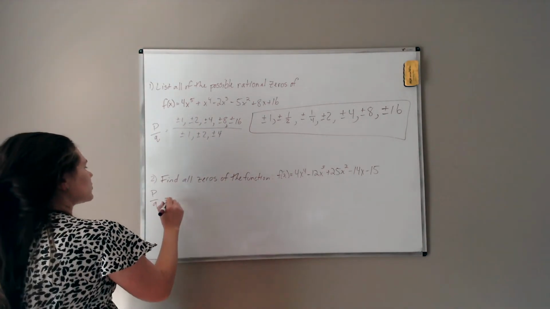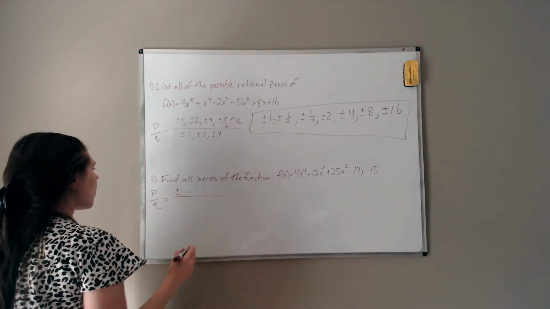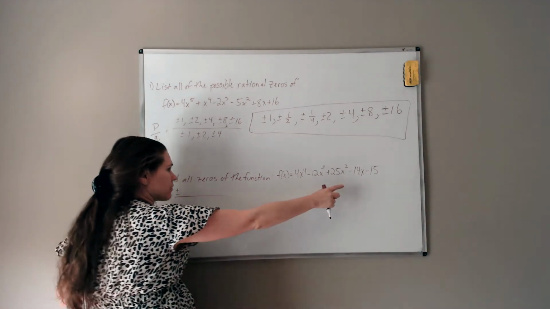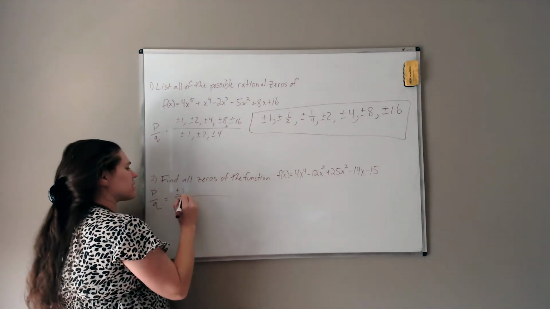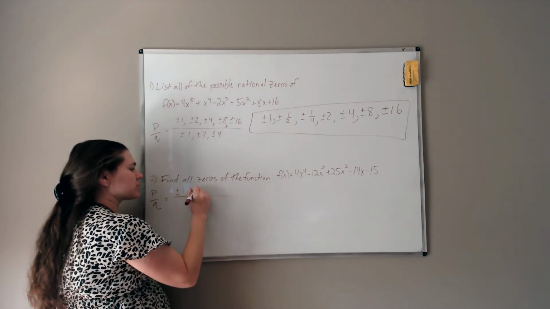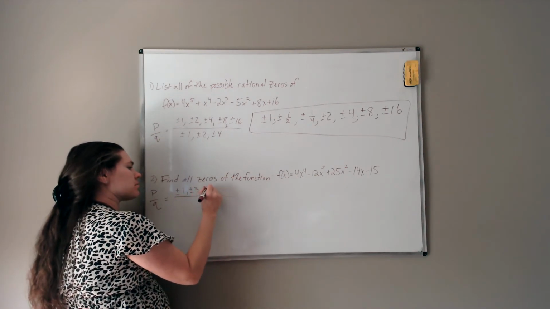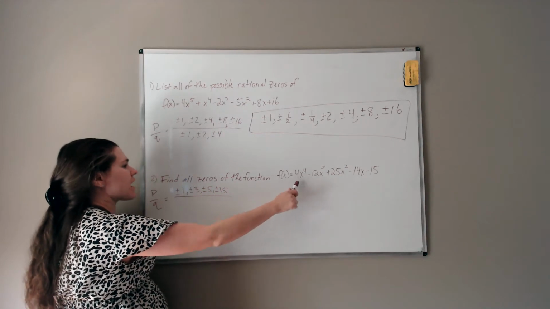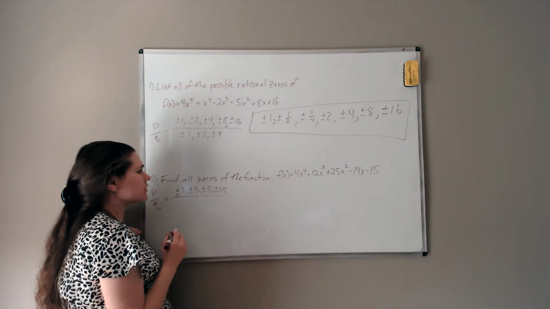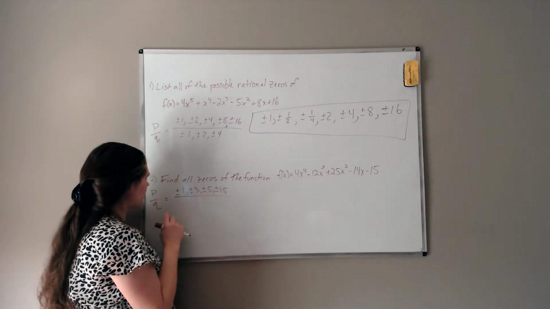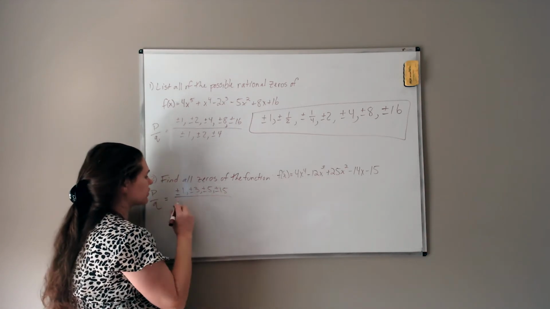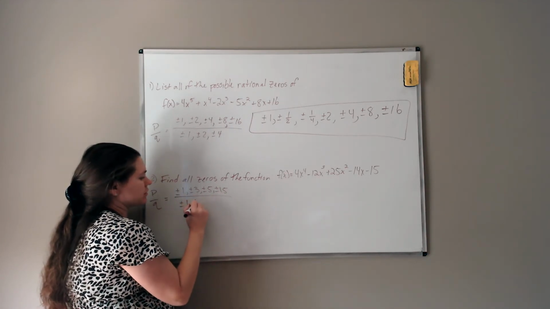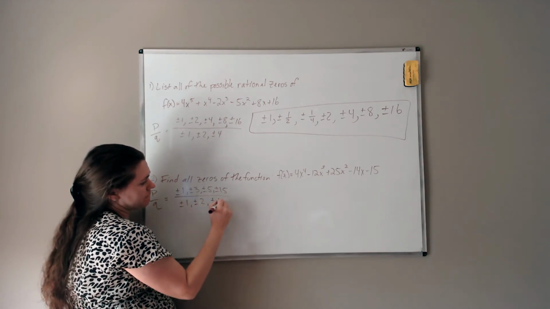So we make a list, right? Plus or minus all of the factors of the constant term. So it's going to be plus or minus 1, plus or minus 3, plus or minus 5, plus or minus 15 over all the factors of the leading coefficient, the coefficient on the leading term, which is 4, so plus or minus 1, plus or minus 2, plus or minus 4.